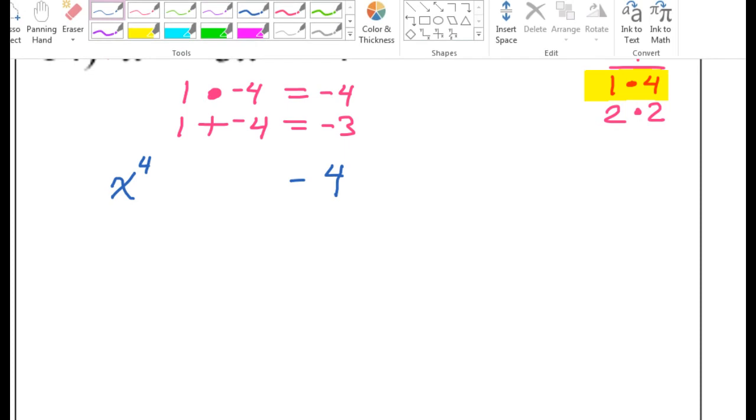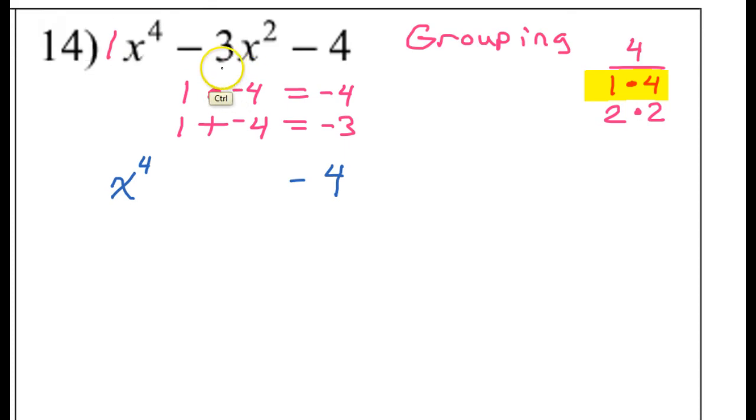Now, here's what you do with the middle term. We actually have to take the middle term and split it apart into 2 terms, using the 2 numbers that we just found. So instead of writing -3x squared, I'm going to write plus 1x squared, and then negative 4x squared.